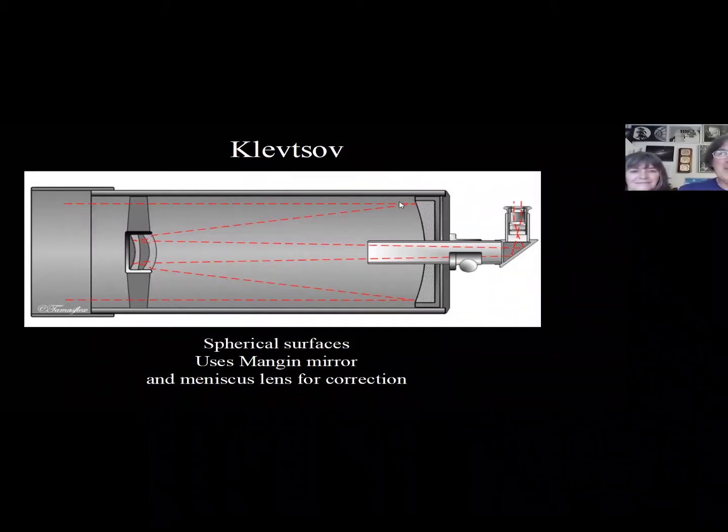It uses a parabolic or maybe a spherical primary, and it puts some corrective lenses in front of the secondary. And this secondary lens here is a Mangin mirror. Apparently that's pretty good for correcting aberrations, but again, very long effective focal length, so it's not a very wide field telescope.